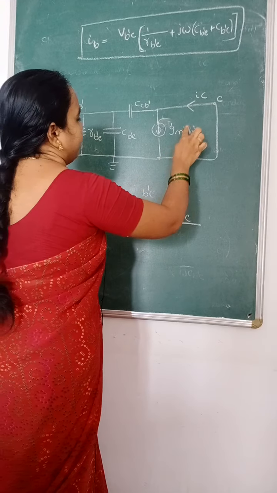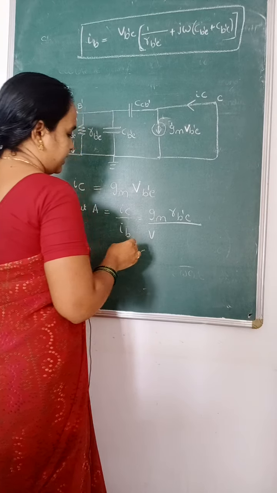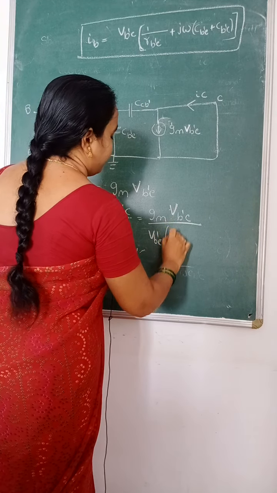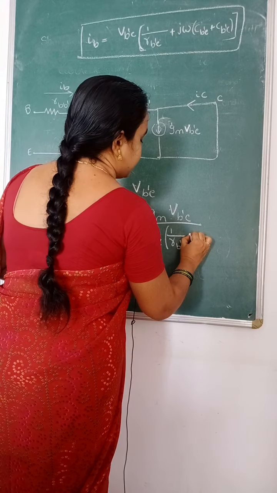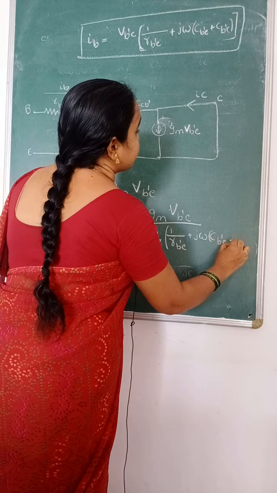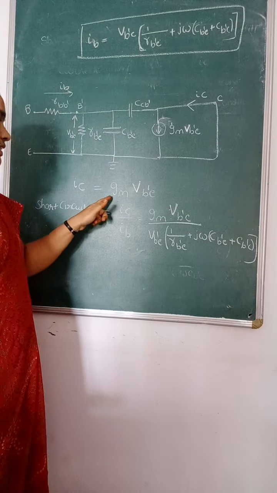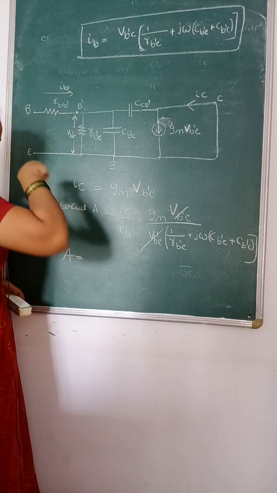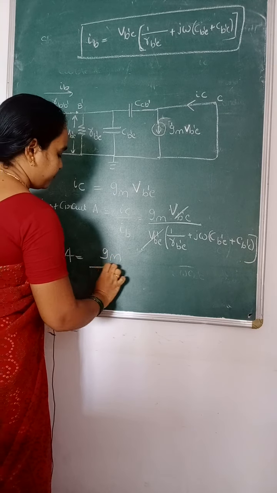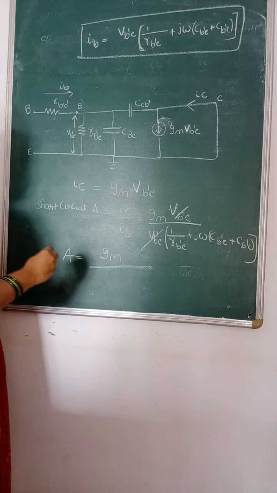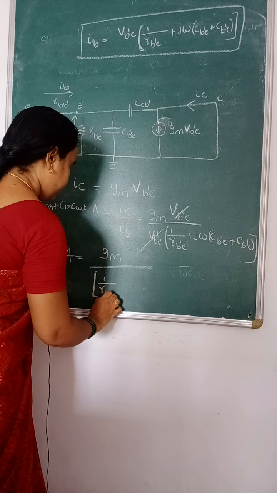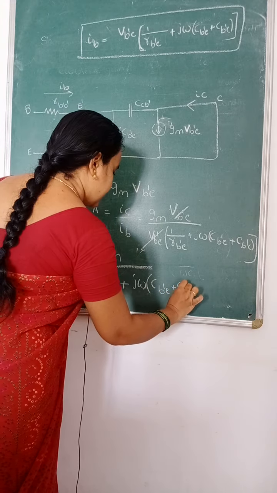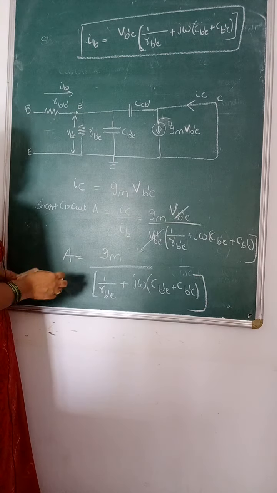IB is V B dash E times 1 by R B dash E plus j omega into C B dash E plus C B dash C. The V B dash E terms get cancelled, and we get the current gain as gm divided by 1 by R B dash E plus j omega into C B dash E plus C B dash C. This is the current gain.